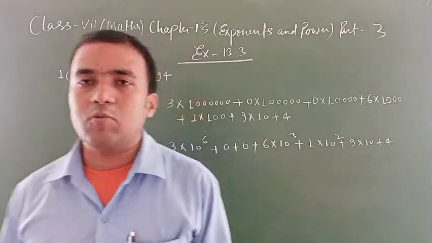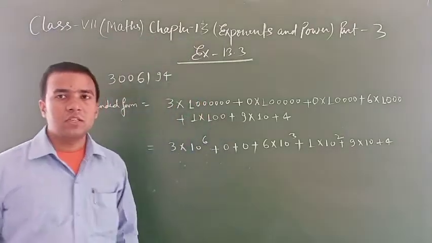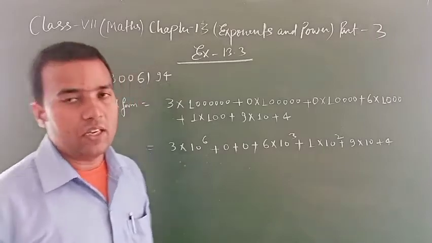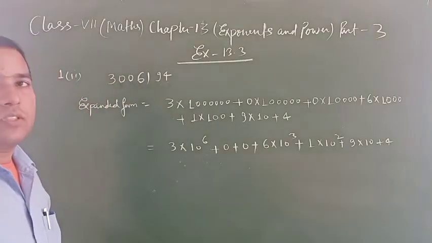In the second question, the expanded form is given, so find the number from each of the following expanded forms. Whatever expanded form is given, you find that number. Note down this.